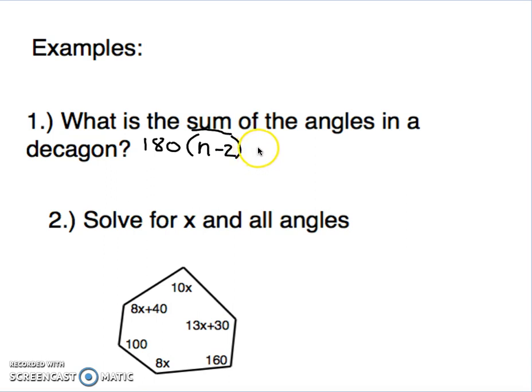It's asking for a decagon, so a decagon has 10 sides. If you didn't know that a decagon had 10 sides, you could look it up on page 158.